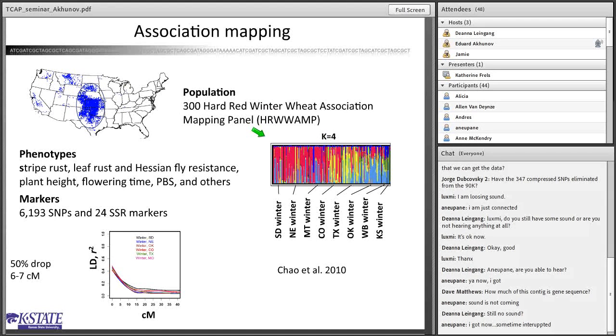As probably all of you know, population structure should be taken into account during association mapping, because if the populations that you are investigating are differentiated in allelic frequencies, but also have different frequencies of the causative mutation, then you will start getting a lot of associations that have nothing to do with your causative mutation.